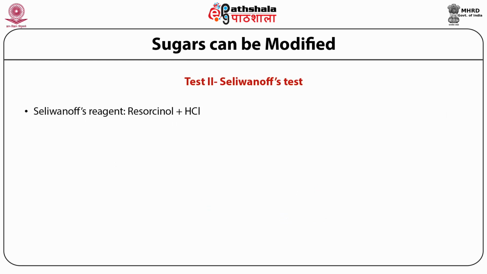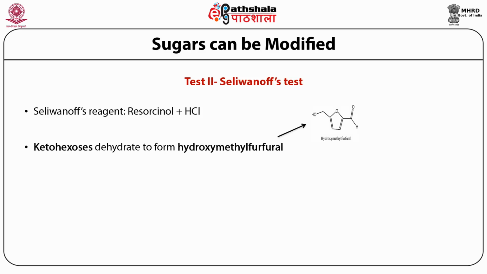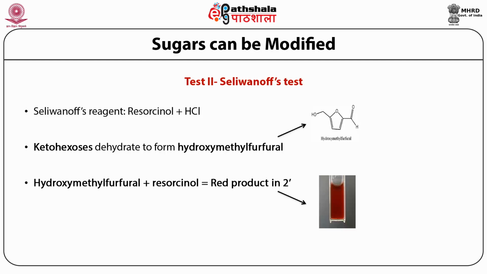There is a second test which is called the Selivanov's test, which is used to distinguish a ketohexose from an aldohexose. Selivanov reagent contains resorcinol plus hydrochloric acid. If your sugar solution has a ketohexose, it will be dehydrated to form hydroxymethyl furfural.